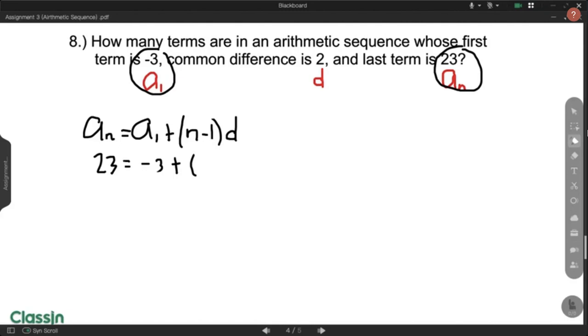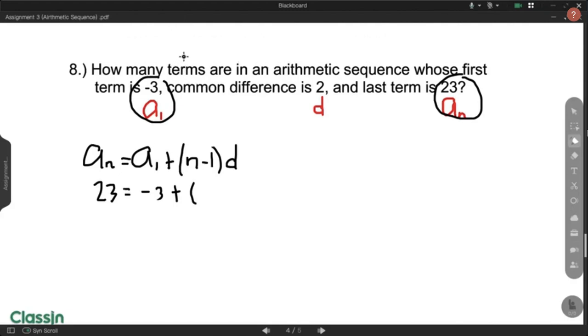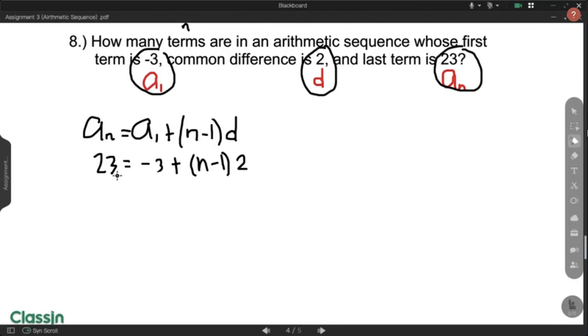Plus, we're looking for the number of terms. Here, number of terms, n. So we just write n. And our common difference is positive 2. Okay, let's simplify. We have 23 equals negative 3.